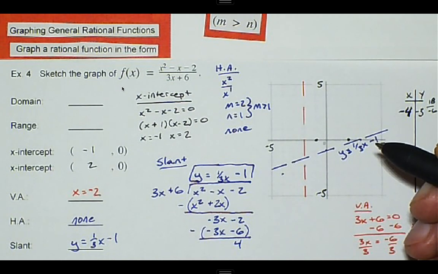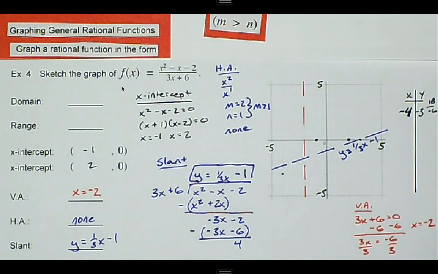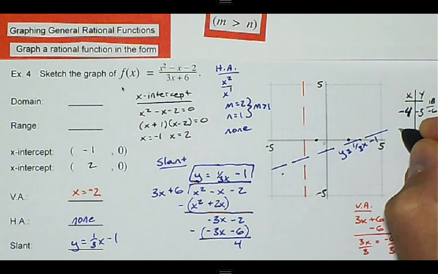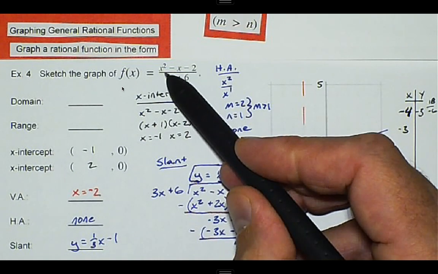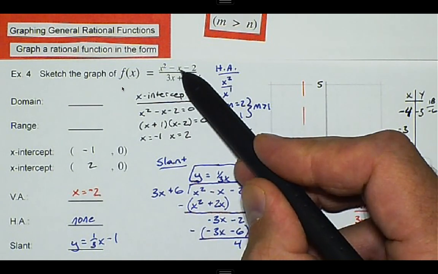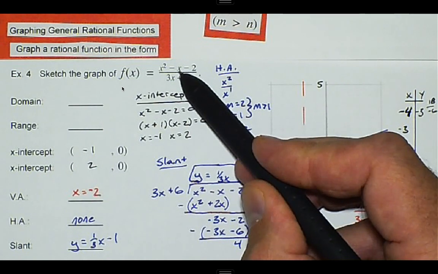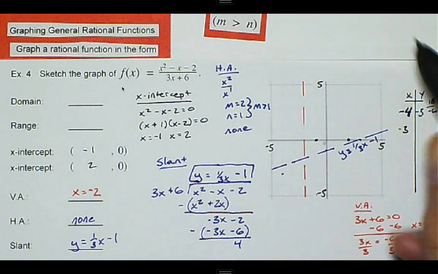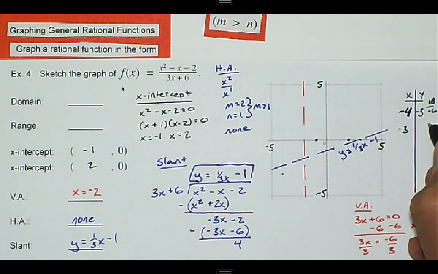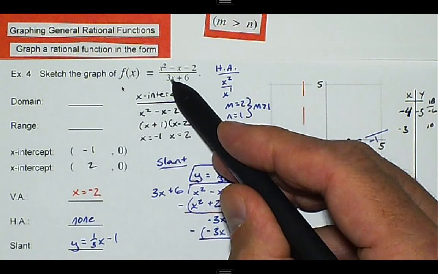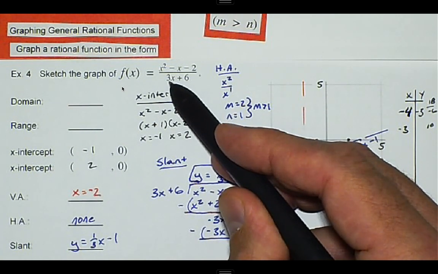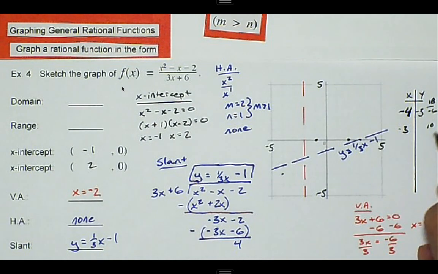We can pick one more, or try to pick one more. Let's pick negative 3. Negative 3 squared is 9. Plus 3 is 12, minus 2 is 10. Negative 3 times 3 is negative 9, plus 6 is negative 3.